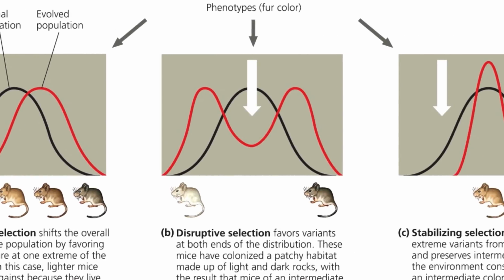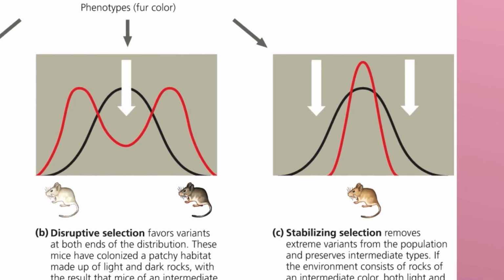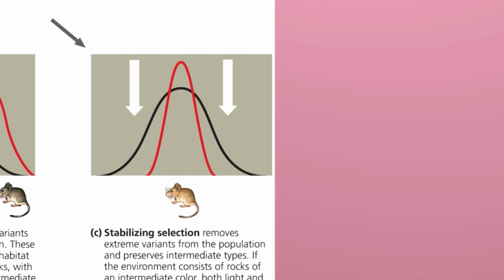There is disruptive selection, where the most common trait is selected against and the two extremes are selected for, so the two extremes would become more common in the population. And then finally, there is stabilizing selection, where both extremes are equally selected against.